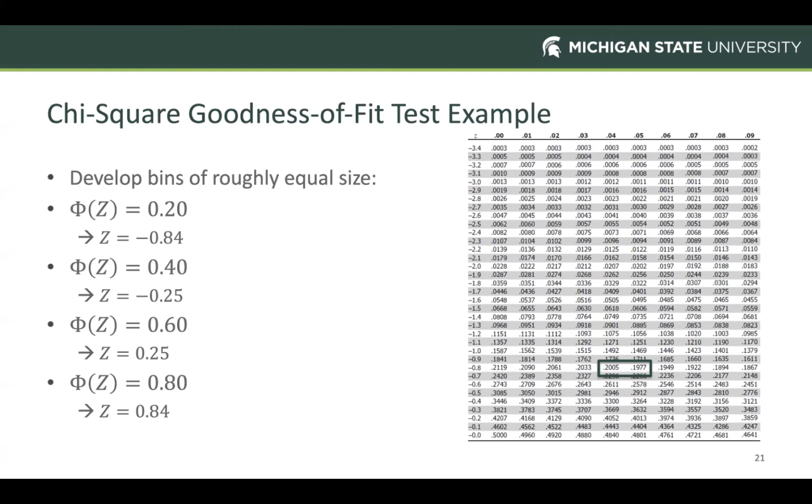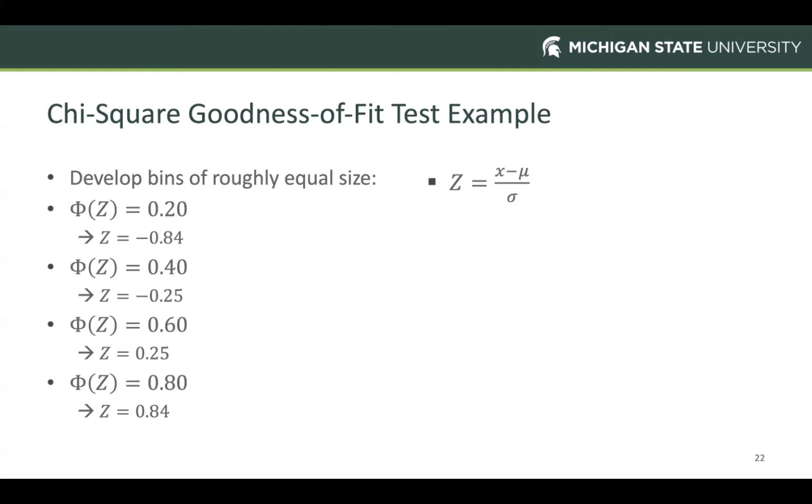Having established those 4 cut points, we've now developed thresholds so that we have 5 bins that are actually of equal size in this case. There are several different ways we could approach this. We could just take the standard normal values we've already determined, or we could back calculate and figure out what range of the actual speed values would define those same bounds.